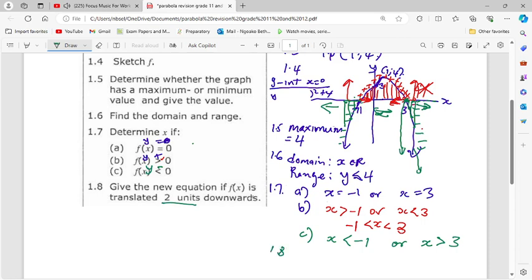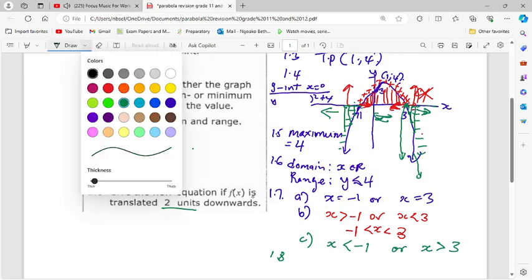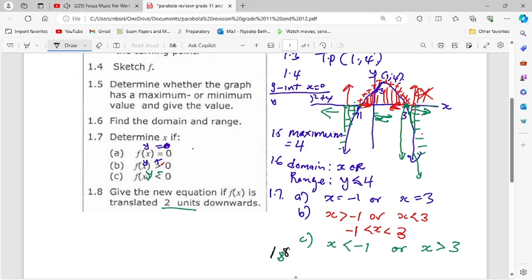Now, if it's 2 units downwards, downwards only affects the y values, which might be the y-intercept and also the turning point. So if it's moving 2 units downwards, which equation must we write?